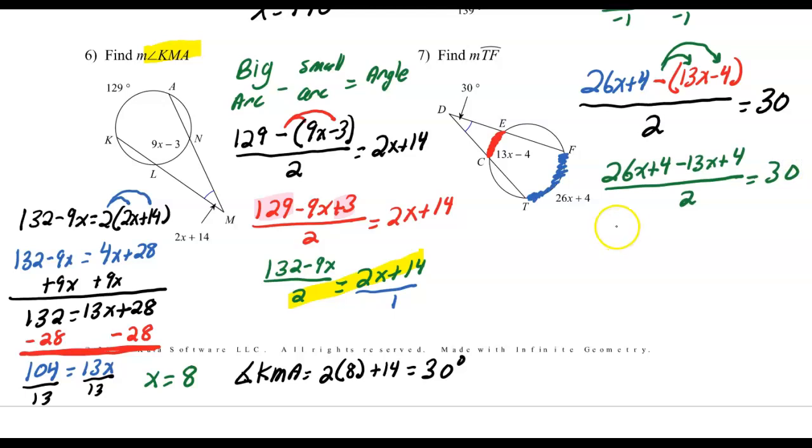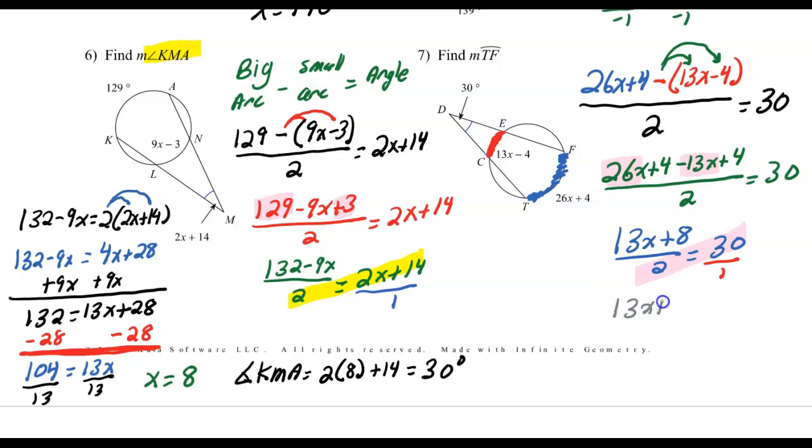Combining like terms, if you take the 26x minus the 13x, you have 13x. When you add the 4's, you get 8. Divide by 2, that's 30. We'll put that over 1 and cross multiply.